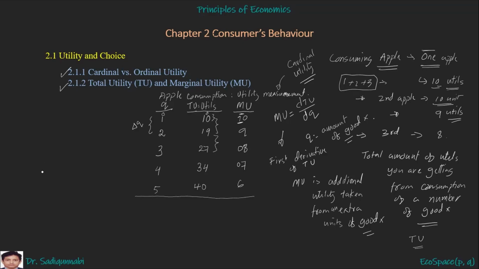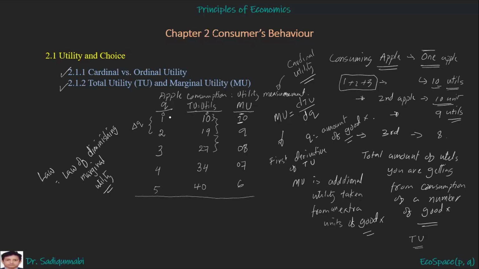So there is a law, and this law is called the law of diminishing marginal utility. So what is the law of diminishing marginal utility?